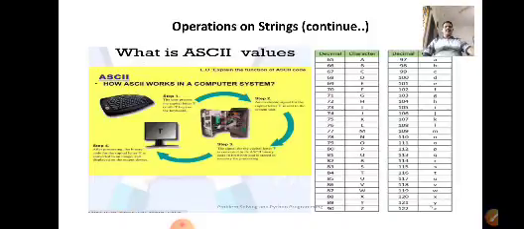So here is a chart. You see the actual ASCII value of each character. I told you that capital A is equal to 65, small a is equal to 97. You can observe in that table that each character has its own ASCII value. ASCII stands for American Standard Code for Information Interchange.